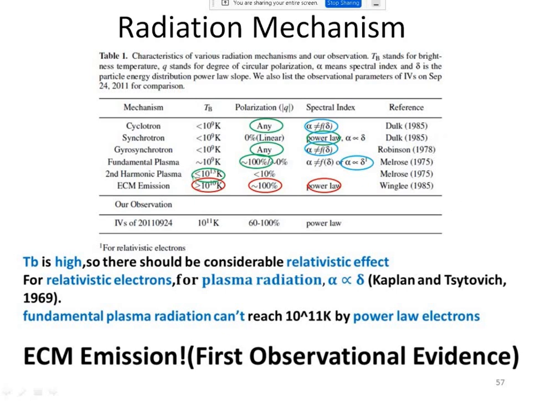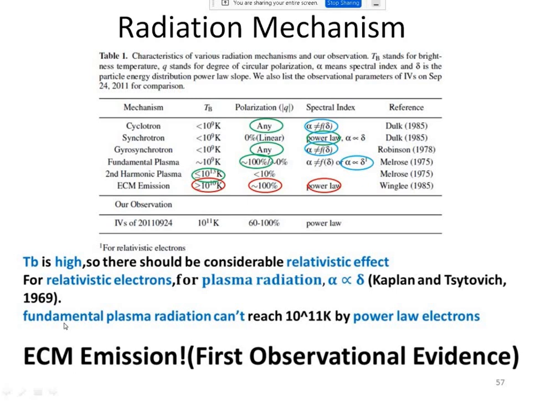We checked the tables which I summarized using previous studies. And the TB, the brightness temperature, is very high, so there should be a considerable relativistic effect for relativistic electrons. And for plasma emission, alpha, which is the spectral index, is proportional to delta, which is the particle velocity distribution function index.